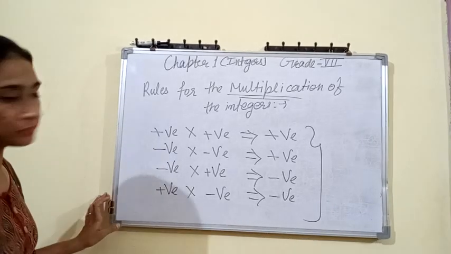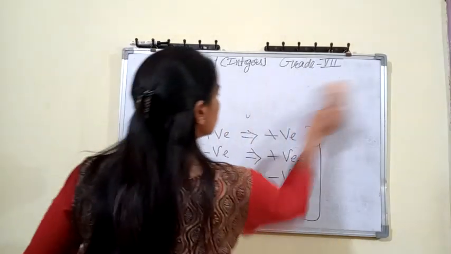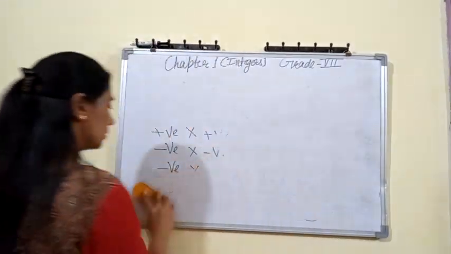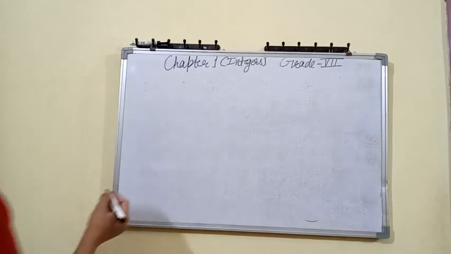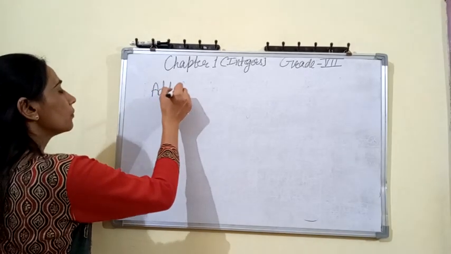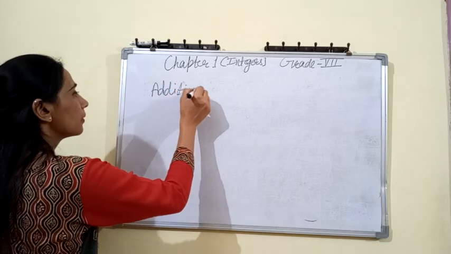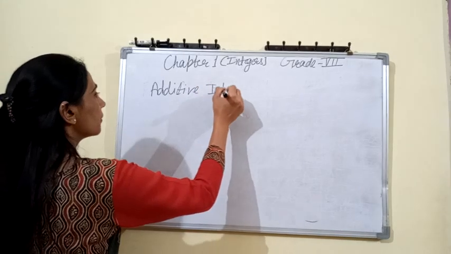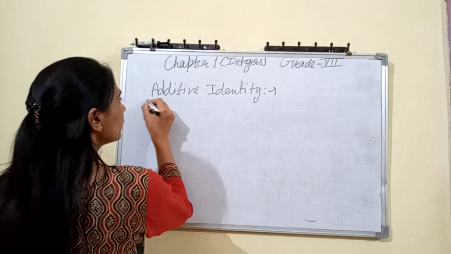Next is additive identity. What is additive identity?